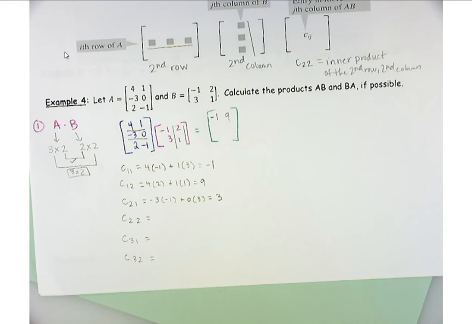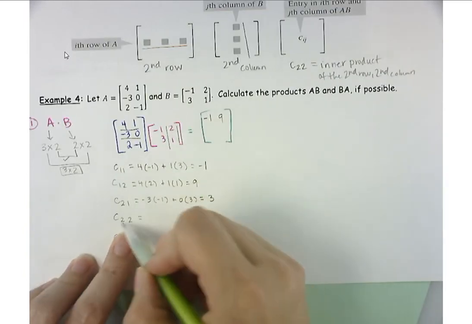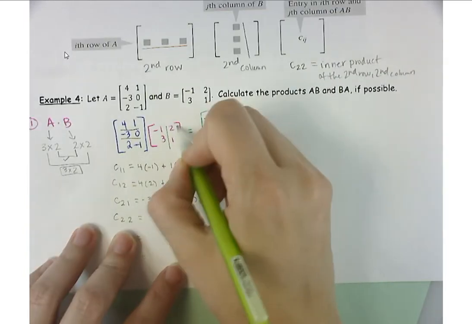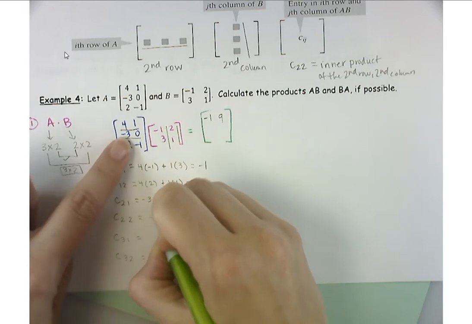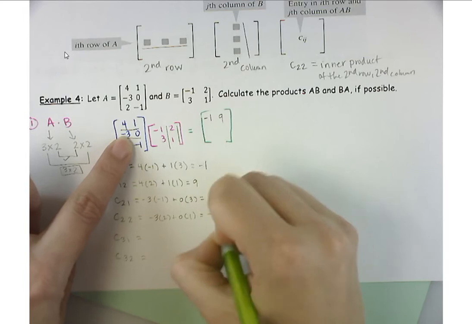Okay, how did we do? Yep, good. And then some of you finished and went on to B times A, so that's good. So for your second row, your second column, you should have negative 3 times 2 plus 0 times 1, which is going to give you negative 6.